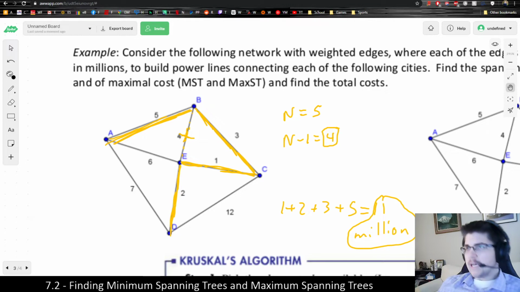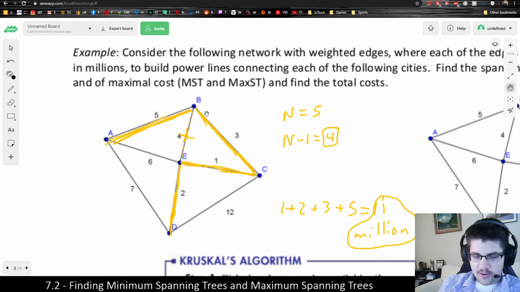What's the cheapest way to build power lines between these cities? One other thing I wanted to mention as we're on the topic is that sometimes a minimum spanning tree is not the best answer. If we're actually going to construct all these power lines, what happens if one of them is debilitated?